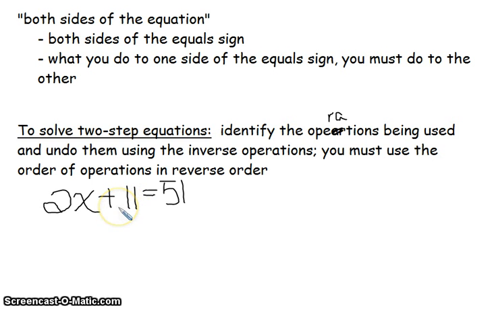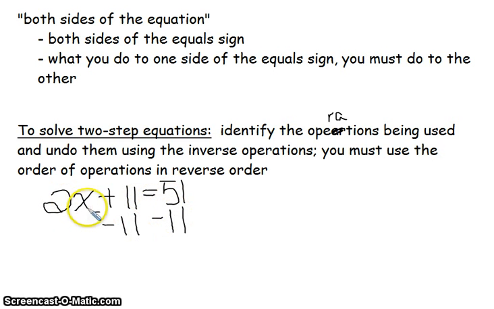Now, just like we learned with our one-step equation, to move this to the other side of the equal sign or to remove it from this side, we have to do the opposite operation. So instead of adding 11, the first thing we need to do is subtract 11. Be very careful. Notice that I moved to the other side of the equal sign to subtract my 11.